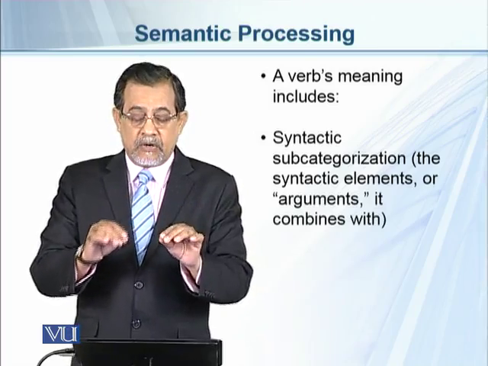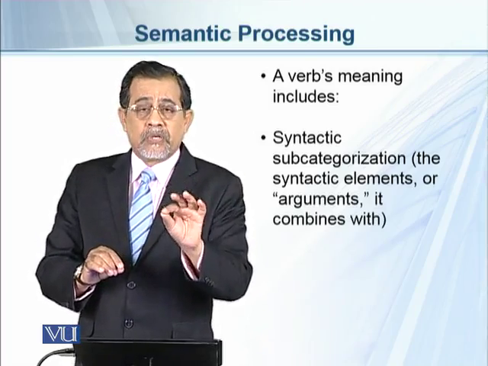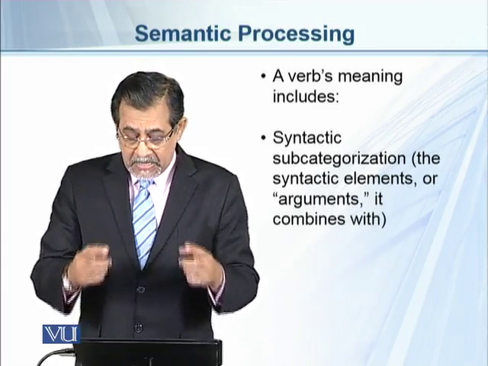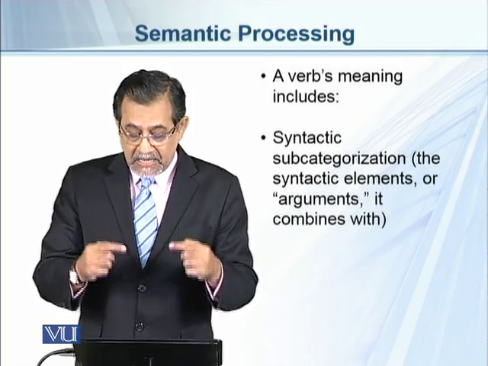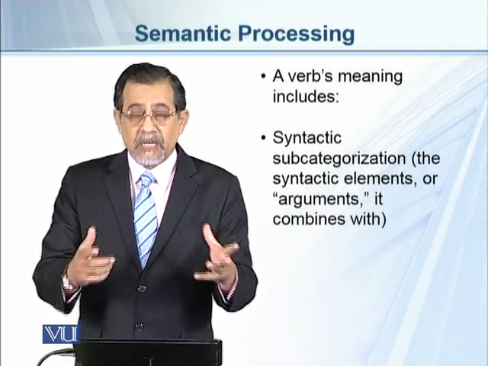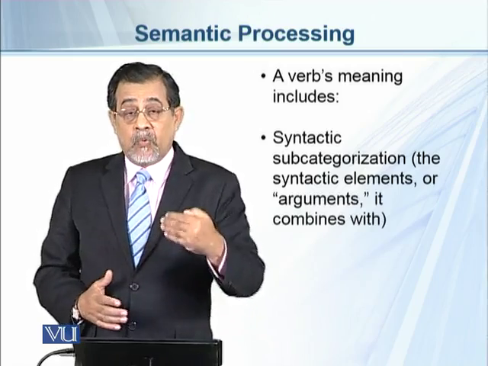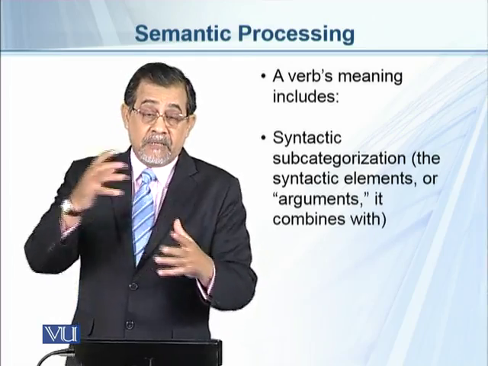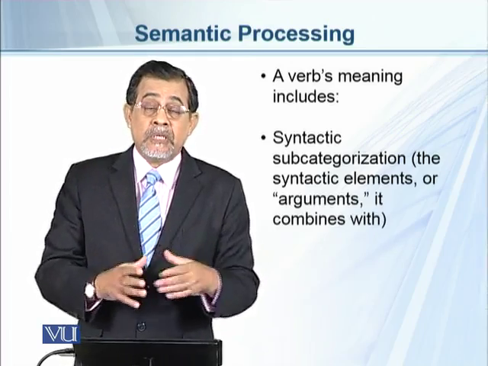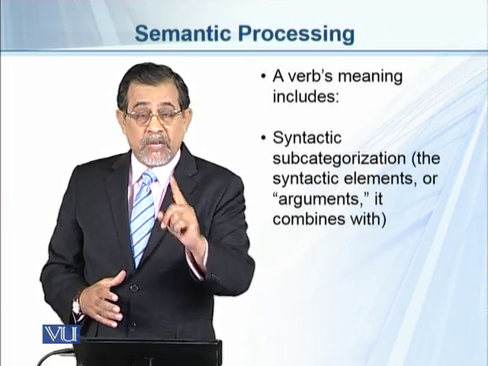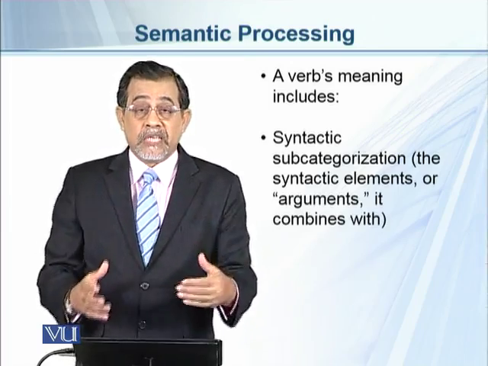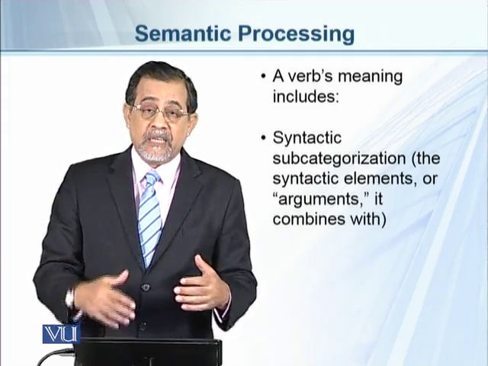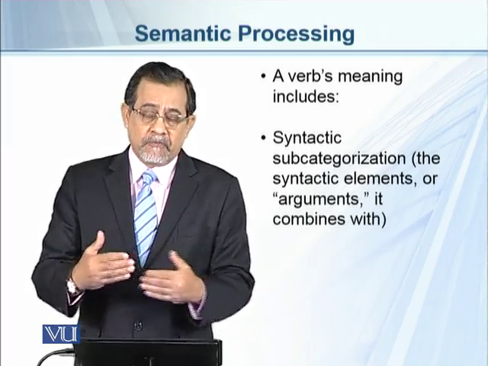So in the lexicon of the computer, the word cook as a verb has all the subcategorization that includes the syntactic elements or its arguments. What comes after it, right? In traditional terminology, whether it takes one direct object, or it also takes direct and indirect objects. And then we have semantic roles for the verb cook.